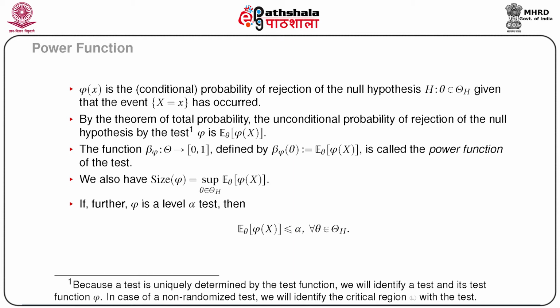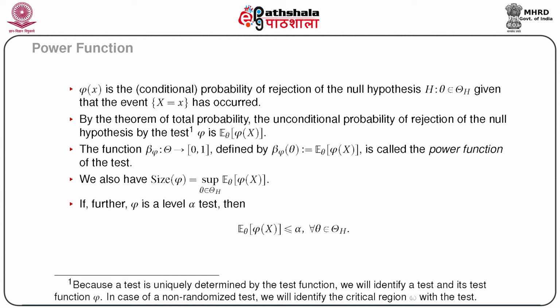Thus, the power function of the test phi is defined by beta_phi(theta) equal to the expectation under theta of phi(X), where theta belongs to script Theta.